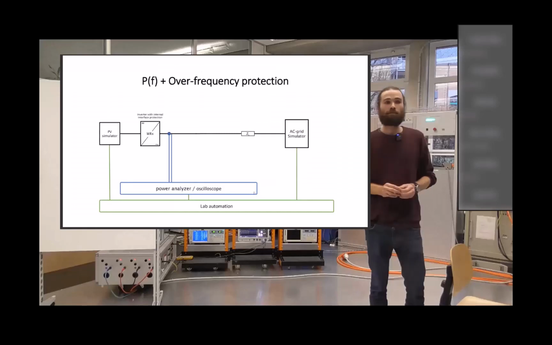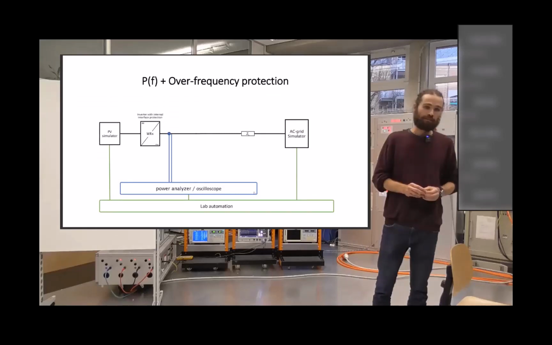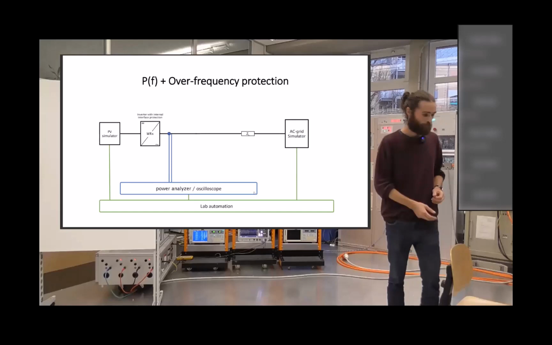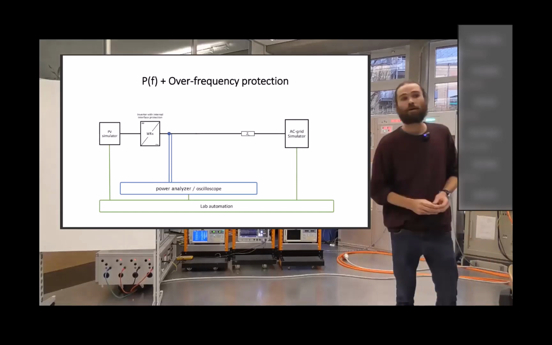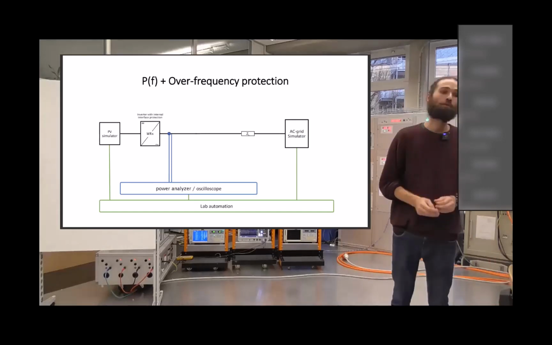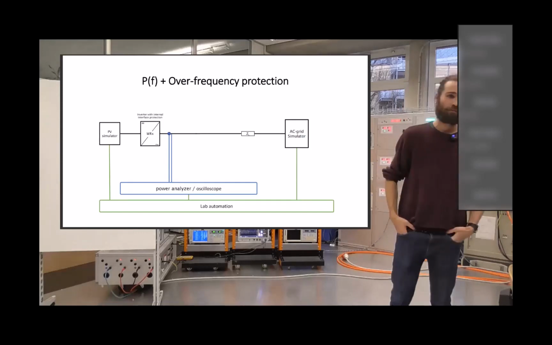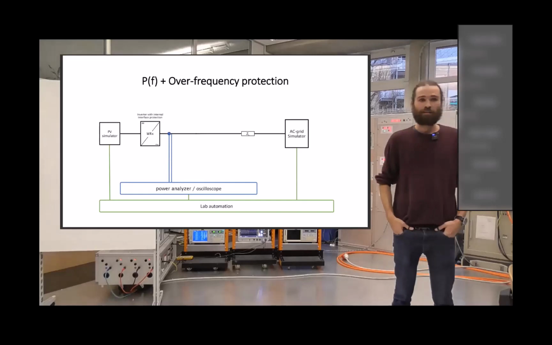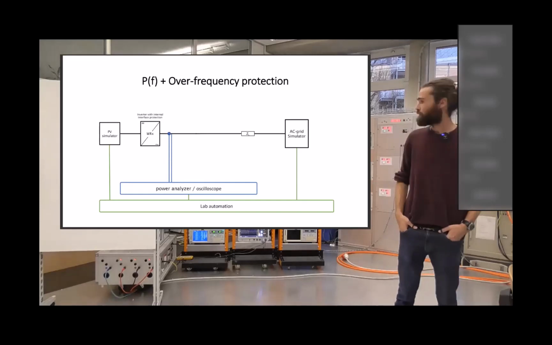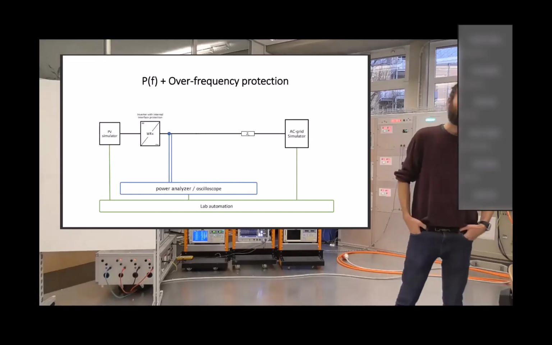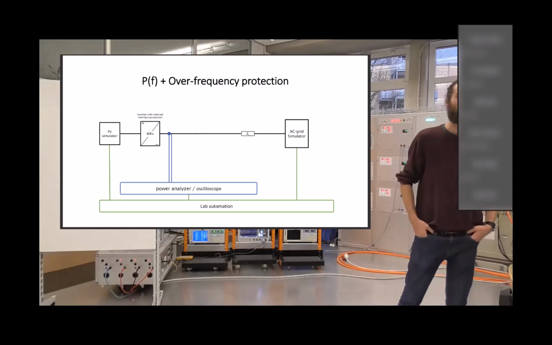So the next test is the power reduction at over frequency, and then in the end, an over frequency protection disconnection. The setting is quite similar as before, just one inverter connected to the grid, and the rest is all the same as before.